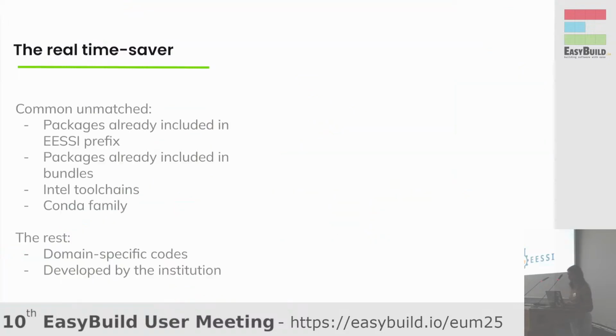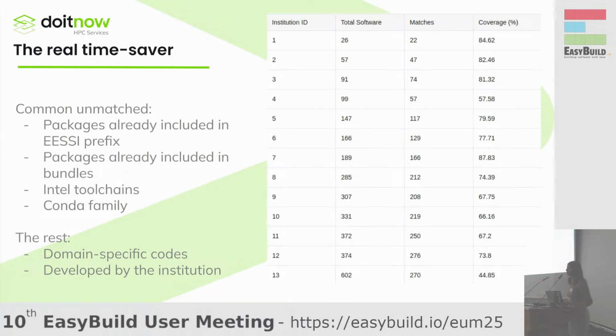So I also took the freedom to check, for a random sample of 13 of our clients, how much Easy already covered their software needs. And good news, for the ones with middle to tiny setups, a steady 70 to 80% of the software was already covered.